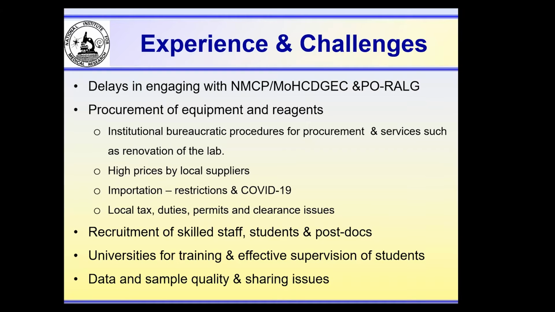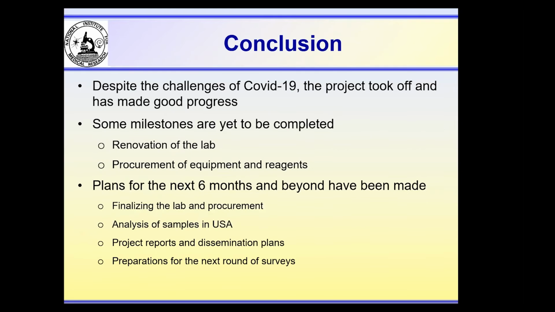We are now facing problems with the universities where our students can be effectively trained and supervised, and then data and sample quality issues, as well as sharing of the materials. But we also have internet challenges, as you saw from Daouda, and that's something we really need to sort out. Next, please, and that should be my final slide.